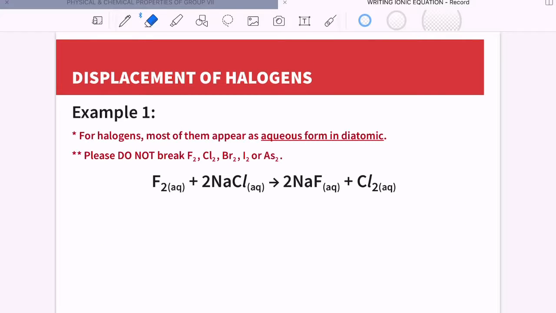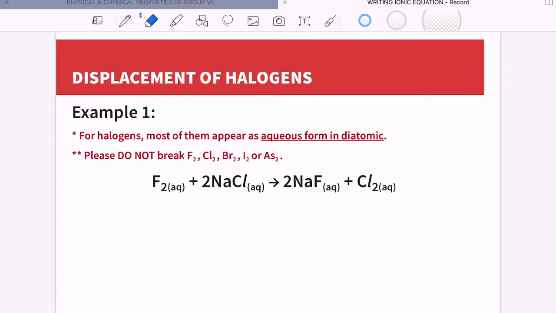Here I have one example. Fluorine reacts with sodium chloride to form sodium fluoride and chlorine. What this means is that this fluorine managed to kick the chloride out of sodium chloride.